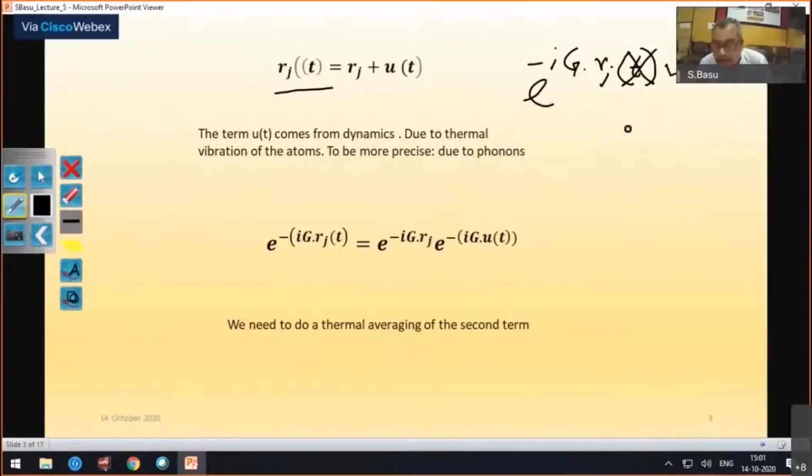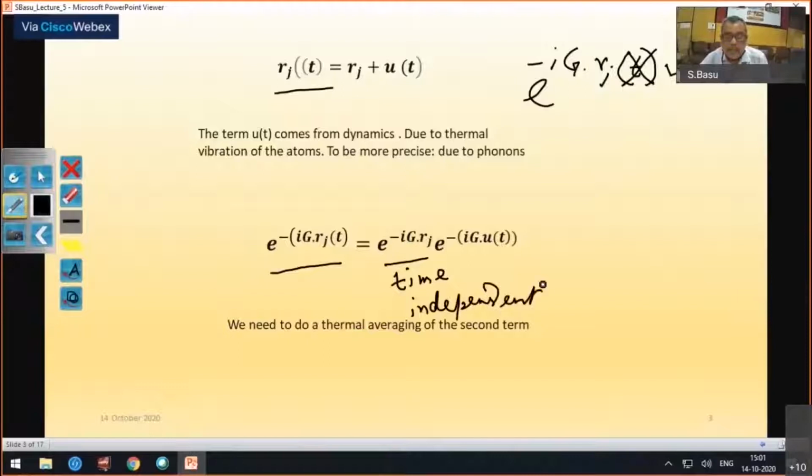When I did that in the last talk, I used this term e to the power minus i g dot R_j(t). I broke it up into a part which is time independent. This is the portion which is the frozen lattice site. But I told you earlier that this is the one where you have vibration or motion around the lattice site.